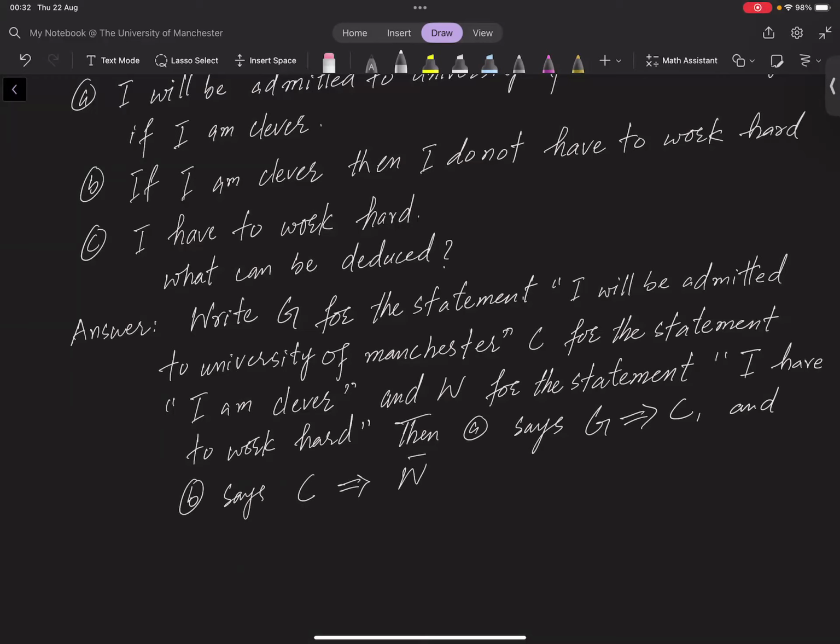So that is the negation of W, where W is to work hard. And hence W implies C bar, and C bar implies G bar. So if you are not clever, then you will not be admitted to the University of Manchester.